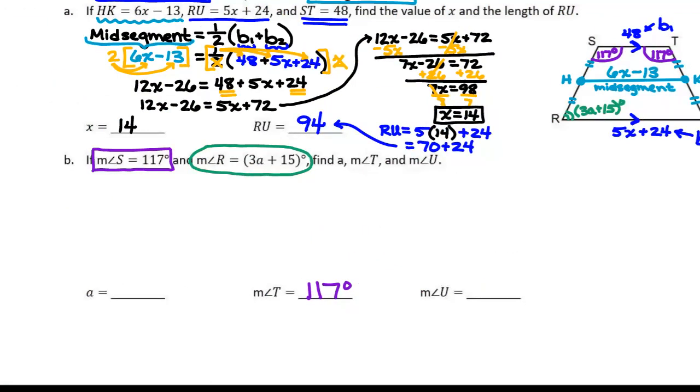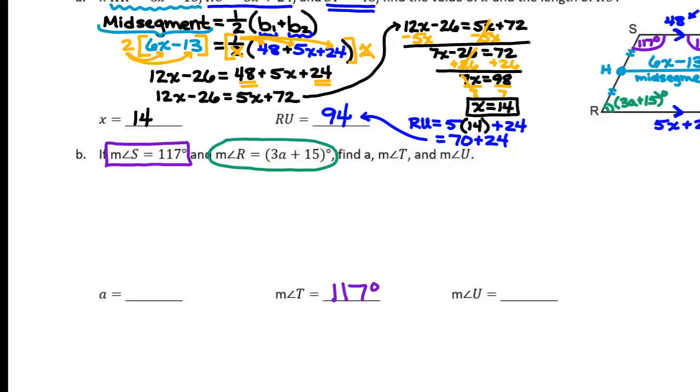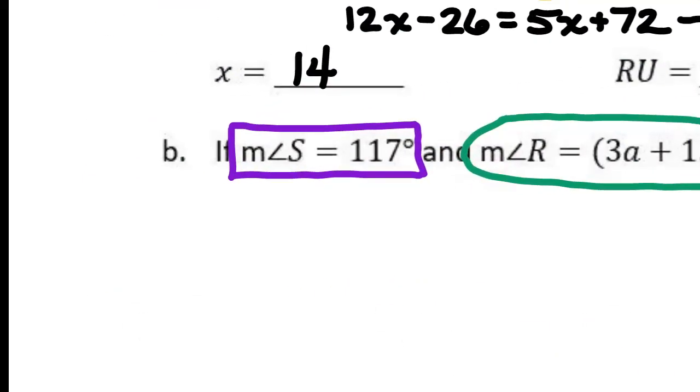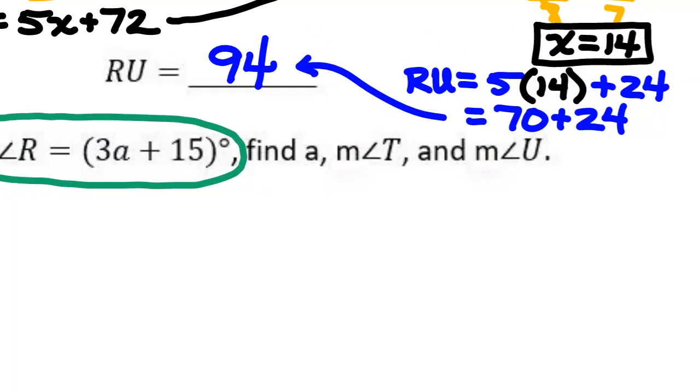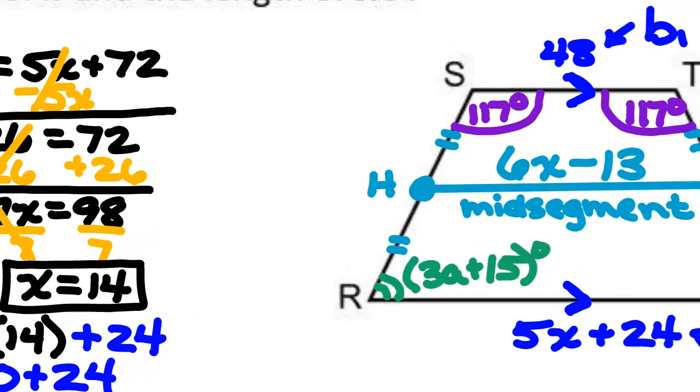All right, which one do you want to do next? A or the measurement of angle U? A, sounds good. All right, so to find A, let's see, I've got 3 angles here. Can anybody find a relationship between angle R and one of these two? T?